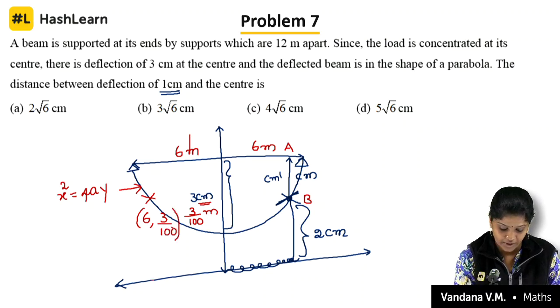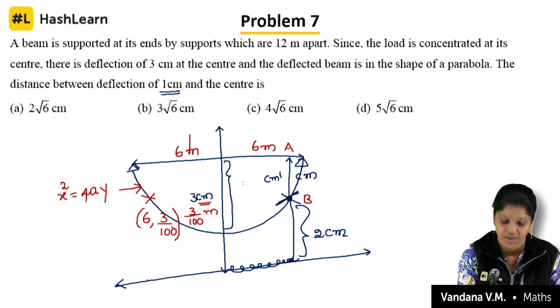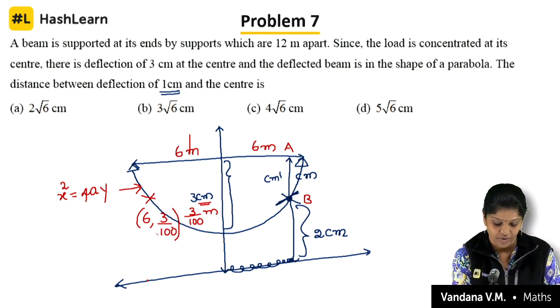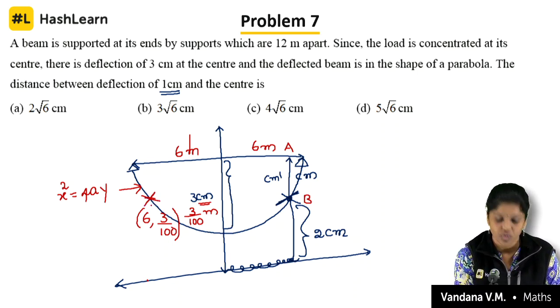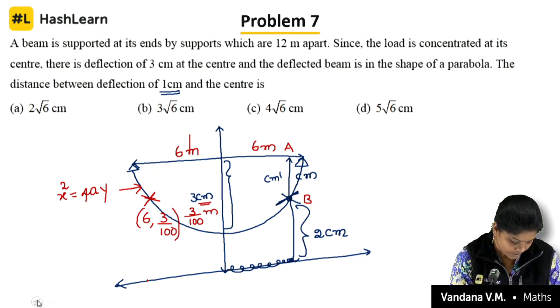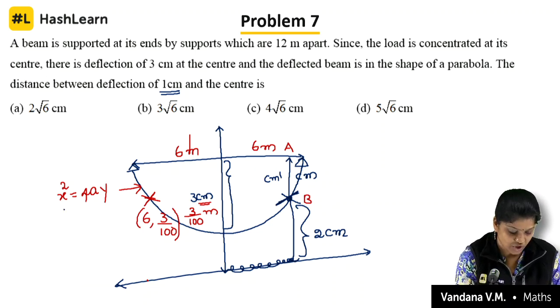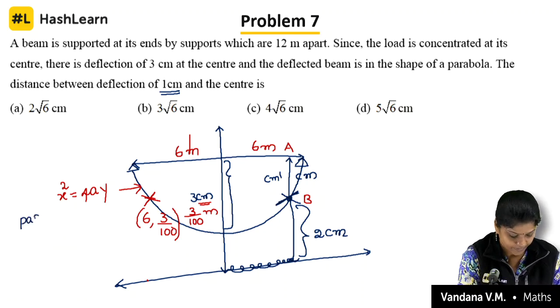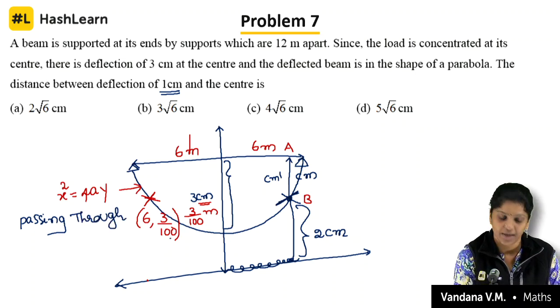Here to here the distance represents the x coordinate, and here to here is the y coordinate. That is the reason why this is passing through 6, 3 by 100. Clear? So, one clue I know. The given equation is passing through the point 6, 3 by 100.